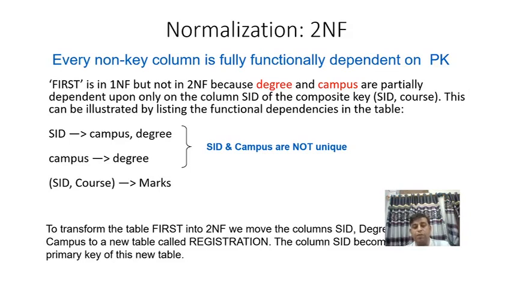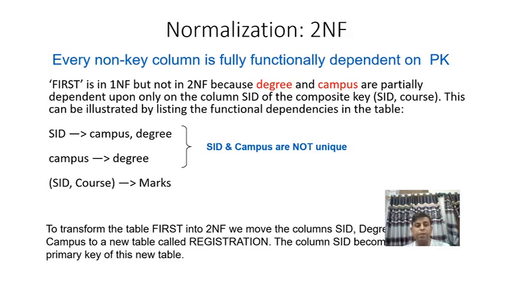So in this scenario, we can say that CNIC uniquely identifies a person. So the primary key is that key that uniquely identifies a record. Okay. So in the second normal form, every non-key column, every attribute which is not the primary key, must be fully dependent on the primary key.